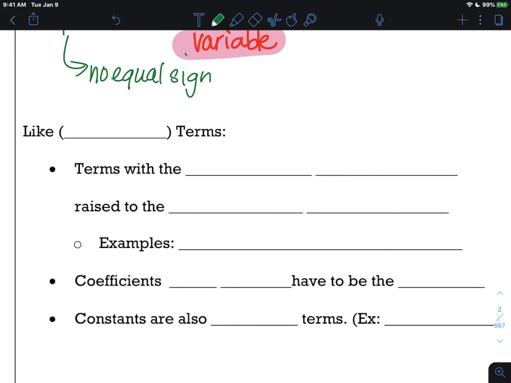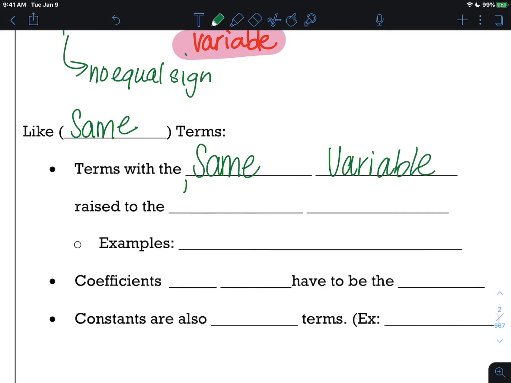So let's talk about combining like terms. When I say the word like, I mean the same. That means terms that have the same variable raised to the same exponent. So they have the same exponent, the number at the top, and they have the same variable or base, the letter component.